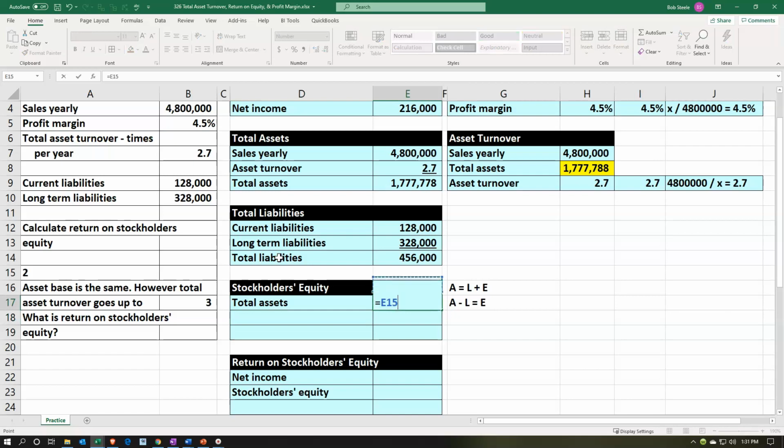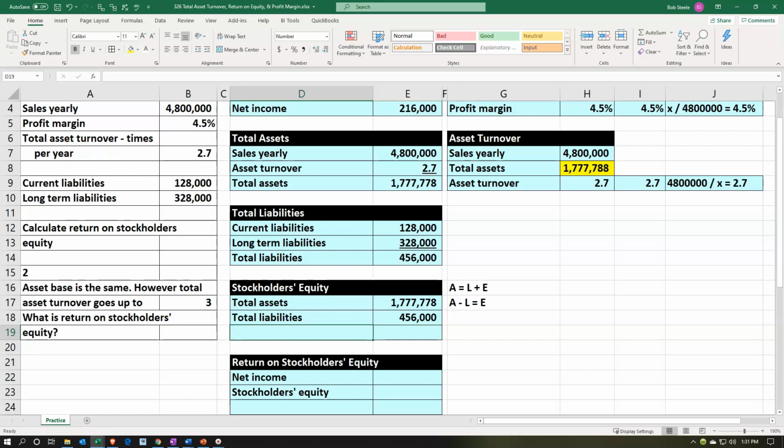So total assets are going to be this item, and then we've got the liabilities, which we calculated here. And then assets minus liabilities is going to give us the stockholders' equity, just using the accounting equation, equity being in essence the book value of the company.